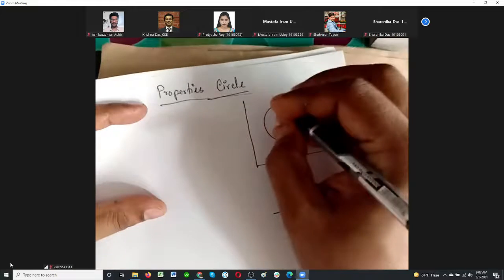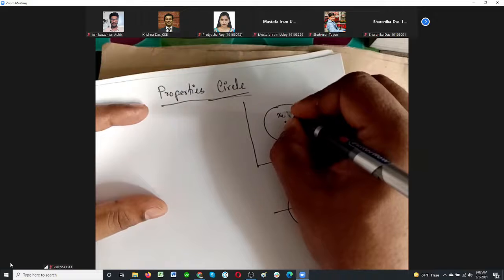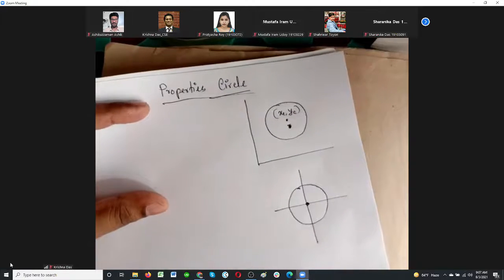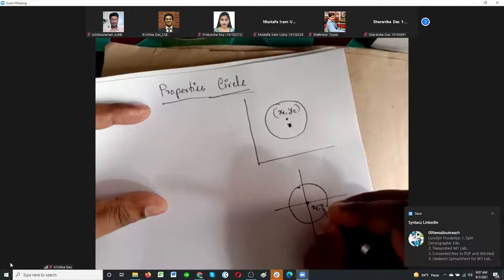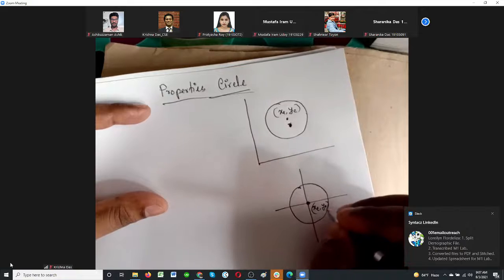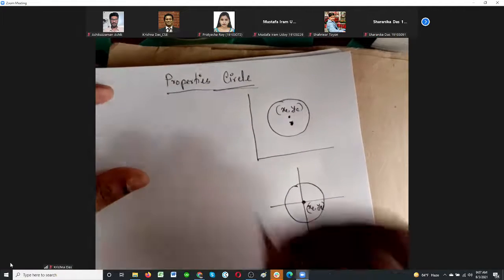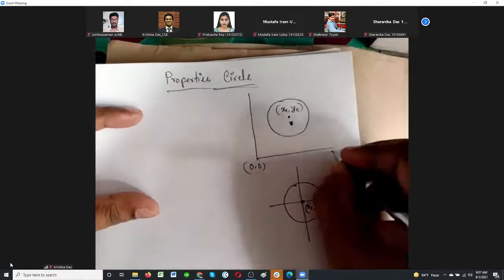This is my center point. Intentionally we take a name like XC, YC because it indicates that this is my center point. We need a center, right? What is the difference you see between these two circles?